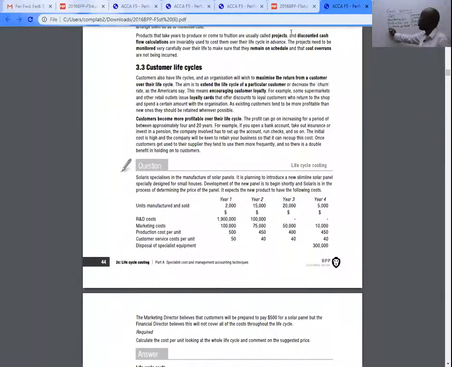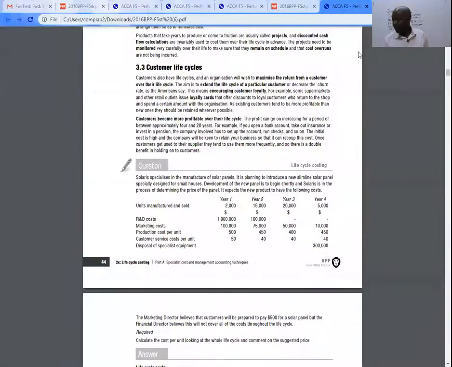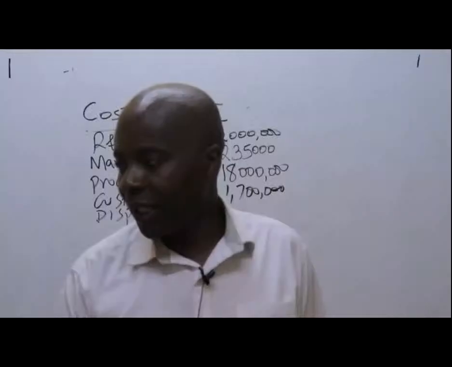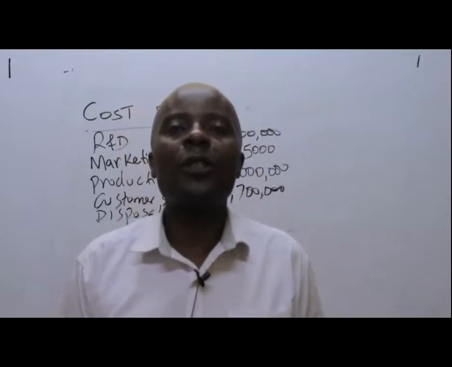And then the last one, as per the life cycle, is the disposal. Disposal cost. For the disposal cost, which is given there, what do you think? Are we going to multiply that disposal cost with the quantity produced?